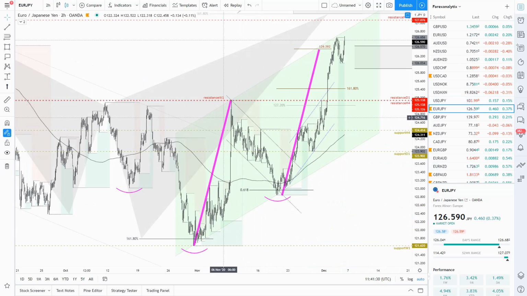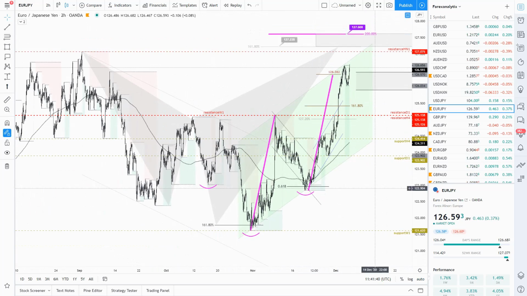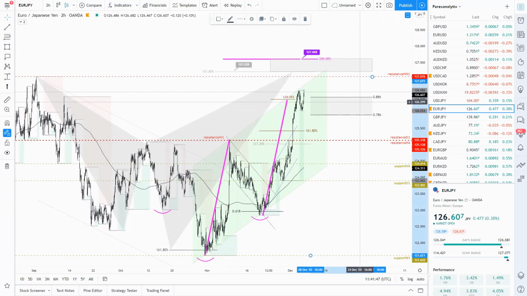Euro versus yen, I shared this as a symmetrical projection yesterday, saying we should not ignore a possible retracement from these levels. We are trading this potential ascending channel trend line resistance, the symmetry, and at that time we were trading very close to the 88.6.